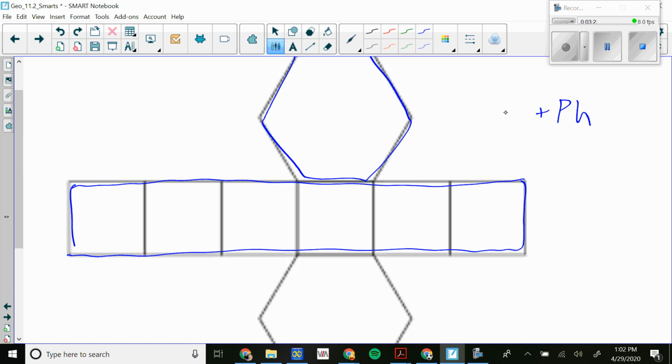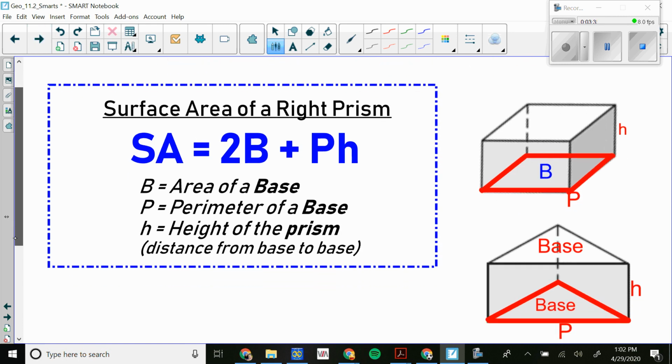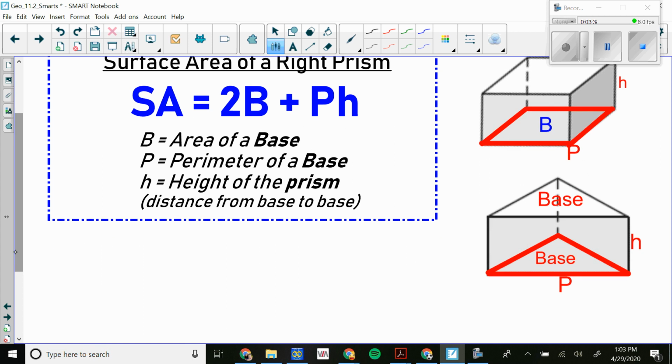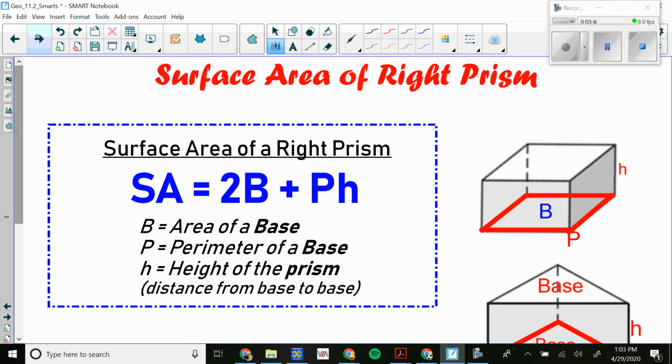I'm just going to say the area of the base times 2, or 2B. 2B plus the perimeter times the height should give us the whole surface area of that prism. And you can see right here in this one, it absolutely does. Surface area equals 2 times the base plus the perimeter times the height. And you can kind of see the examples in the figures to the right.